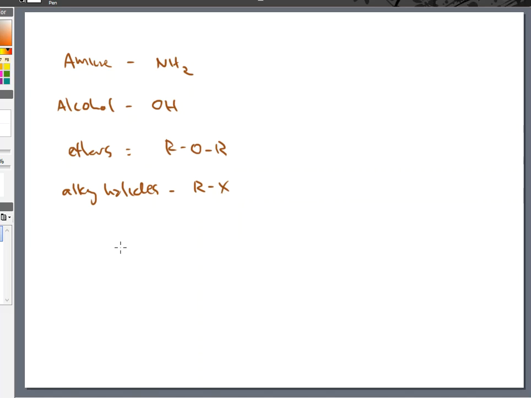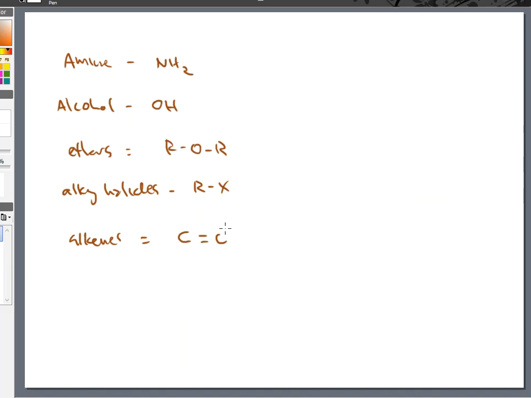Now we can add alkenes to this list, and alkenes are carbon double bonded carbons. So we can add another functional group into our discussions of compounds and the nomenclature of compounds.